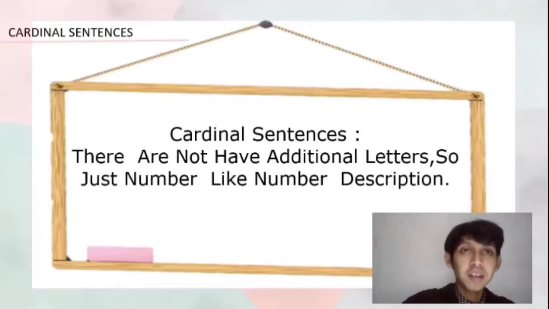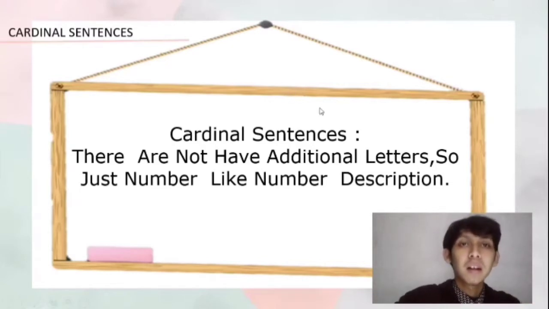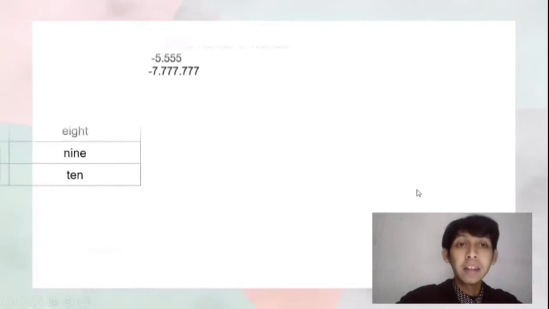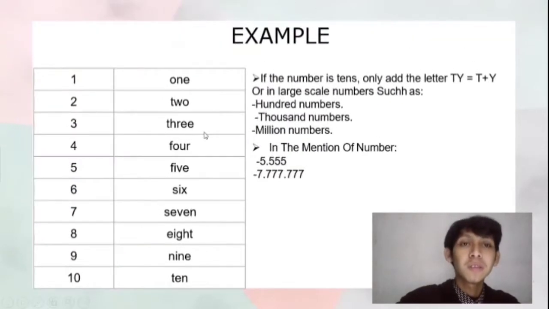Examples of the significant differences between ordinal and cardinal sentences are as follows. This time I will discuss the cardinal sentence first. A cardinal sentence does not have additional letters, so it is just a number like 1, 2, 3, 4, 5, 6, 7, 8, 9, 10.